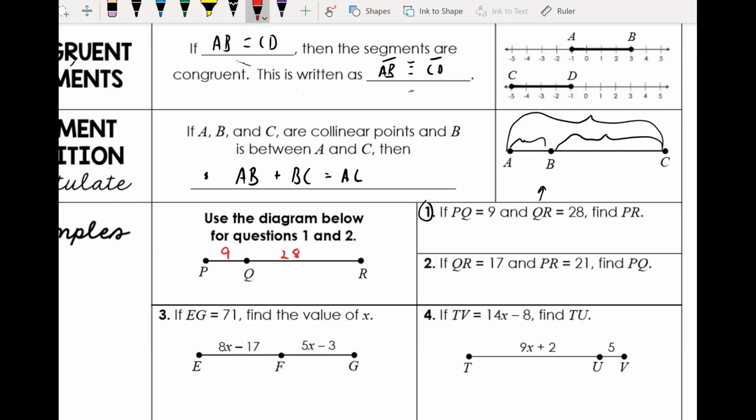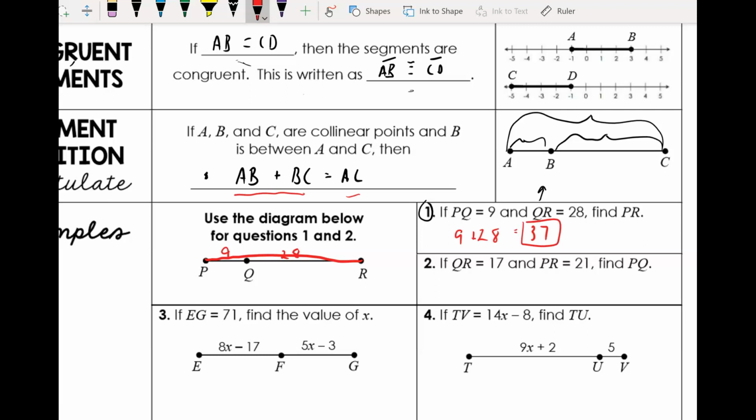I'm looking for the length of PR, the entire length of the segment. According to the segment addition postulate, the sum of the two smaller parts equals the larger part. So it's just going to be 9 plus 28, or 37 units. We don't have to say units, you can just say 37.